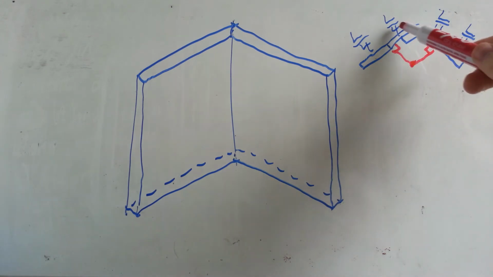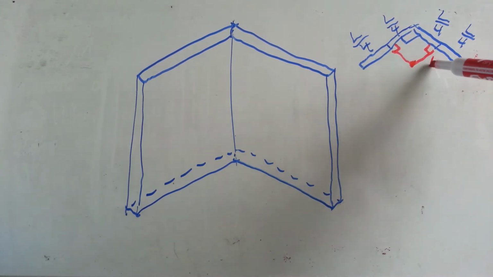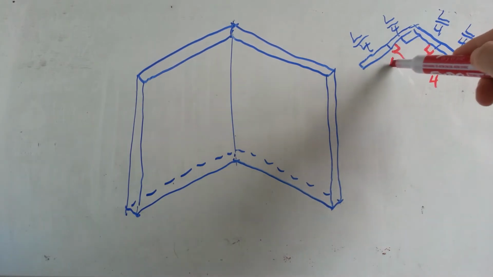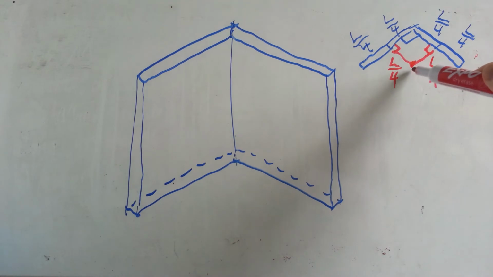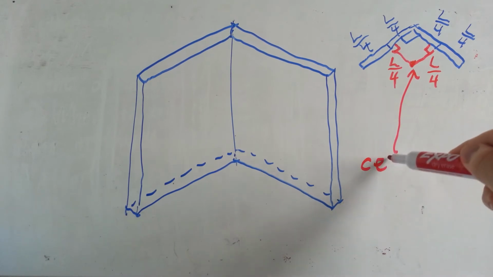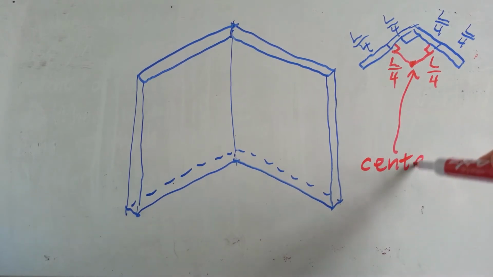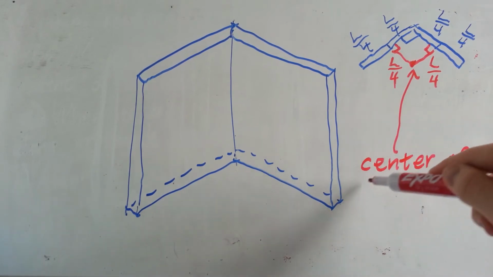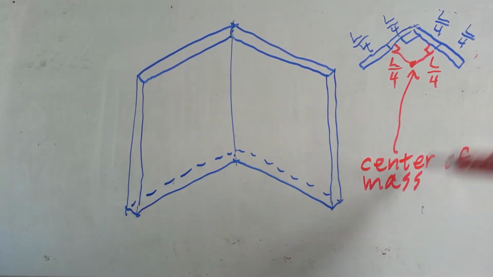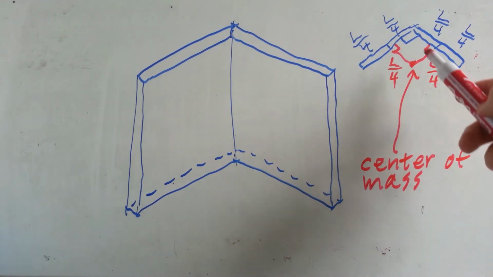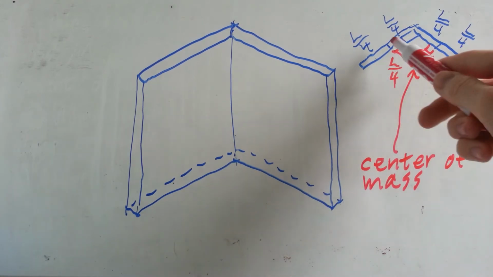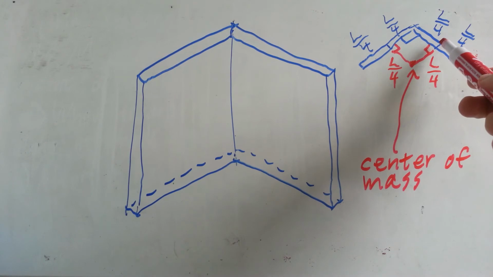So this is parallel to this, so this is L over 4. And so is this. Hopefully that makes sense. That's your new center of mass for the bent one. Right? And it's L over 4 away from the center of mass of each part of the sheet.